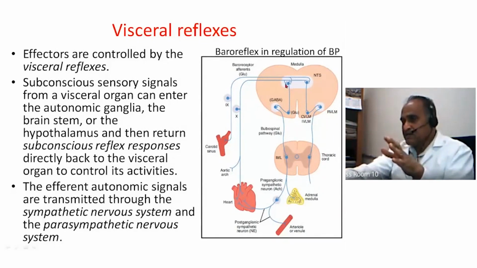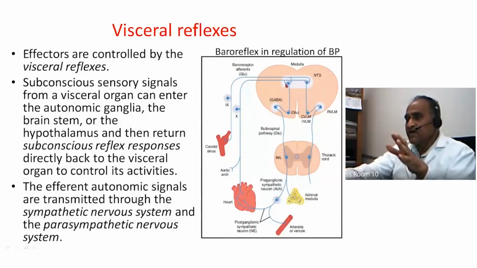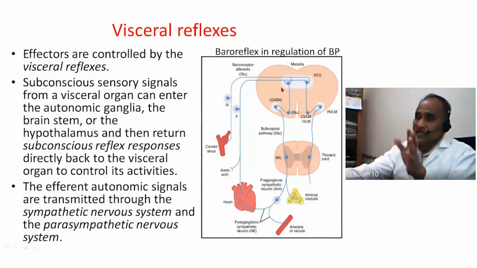One more thing is missing in this particular diagram. The glutamatergic projection which comes to the RVLM or CVLM also goes to the nucleus ambiguus, and this would also excite the nucleus ambiguus. Nucleus ambiguus, along with the dorsal motor nucleus of the vagus, is where the vagal output begins.